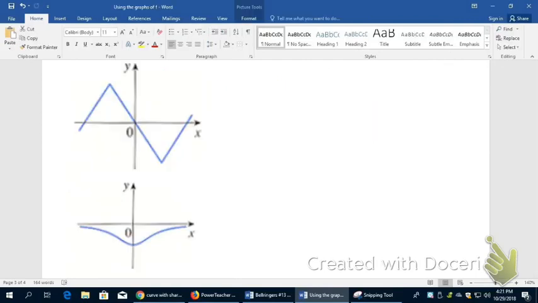Okay, so I made the graphs just a little bit bigger just so that it would be easier to see. This graph, we're going to let this be maybe negative 4, and this graph be 3. And then obviously there's 0 at the middle. Alright, so if this graph is f prime of x, what we know about f of x is increasing where this graph is above the x-axis.